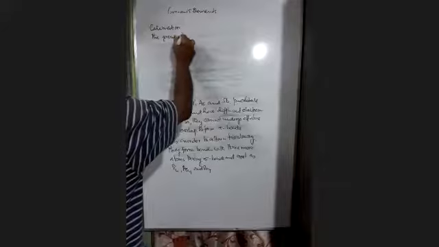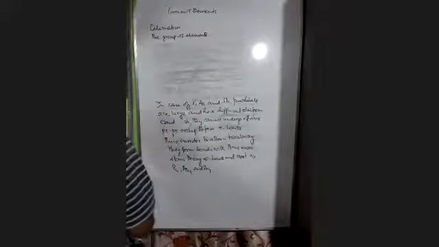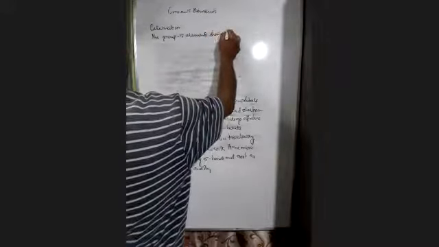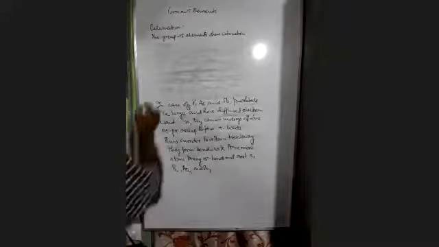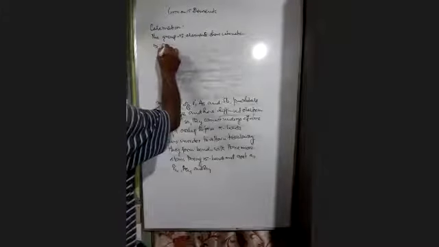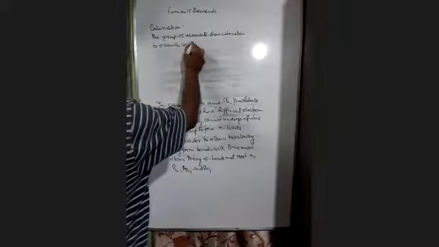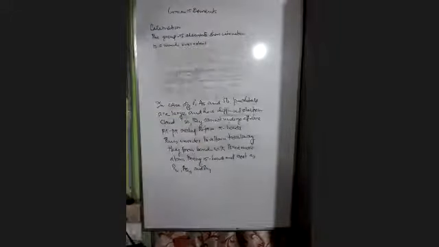So what should I say? Group 15 elements show catenation to a much lower extent. See, nitrogen joins with another nitrogen.